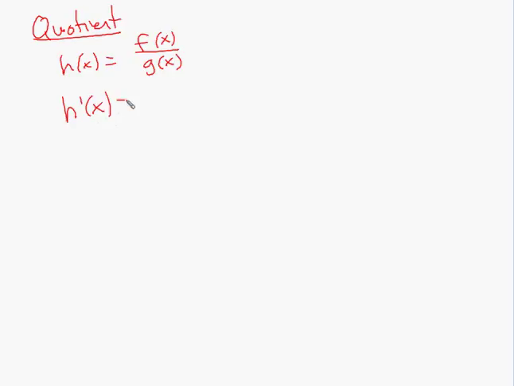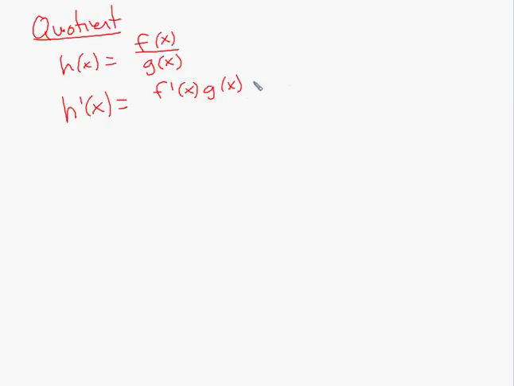Today is the quotient rule, which is going to be very similar to the product rule. If I have some function h of x, and I can write it as basically a fraction, f of x over g of x, then the derivative of that is going to be f prime of x, g of x.